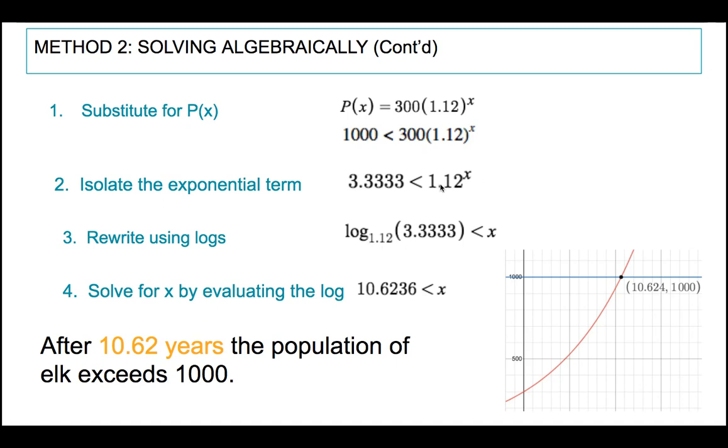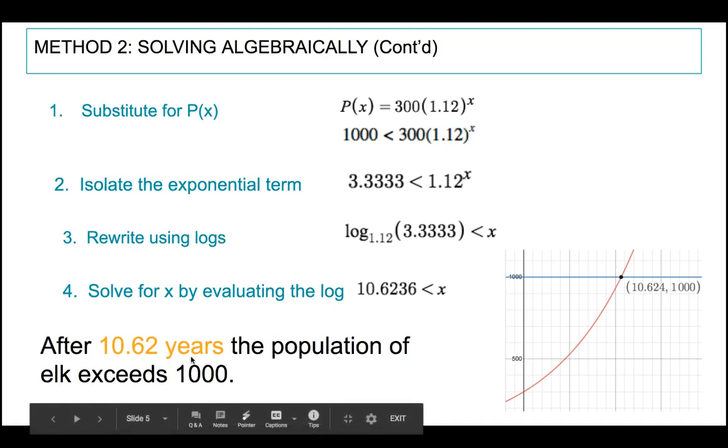Log base 1.12 of 3 1/3 is less than x. Finally, we evaluate the logarithmic expression and find that 10.6236 is less than x, which tells us that after 10.62 years, the population of elk exceeds 1,000. This confirms what we found graphically.